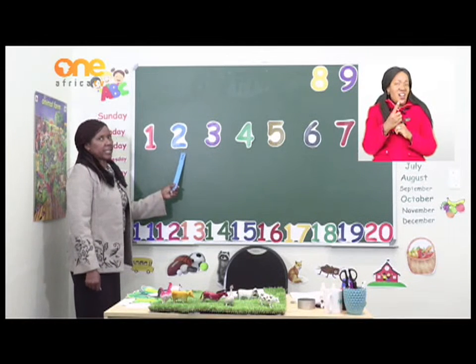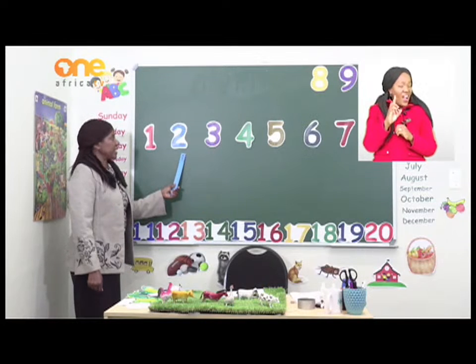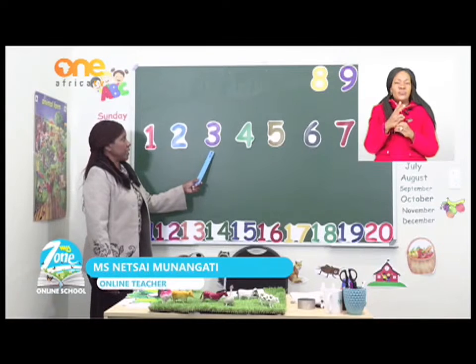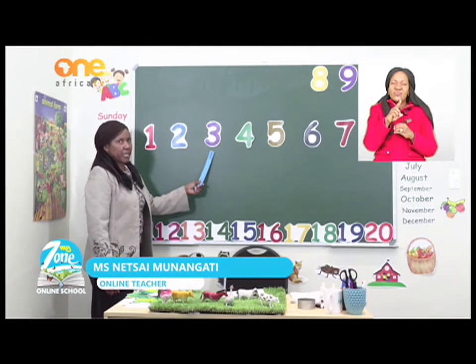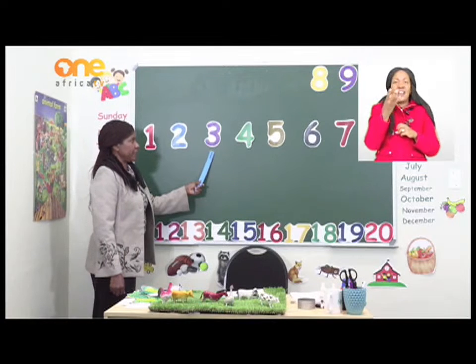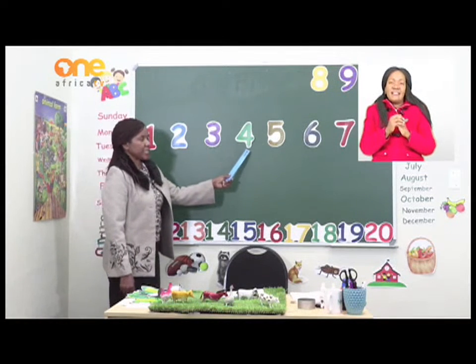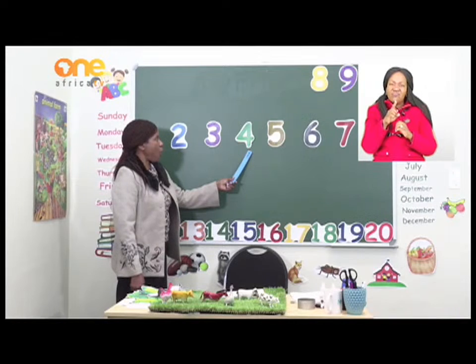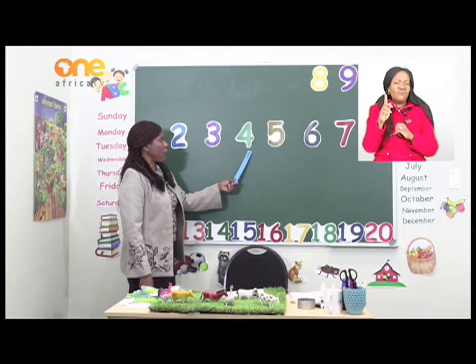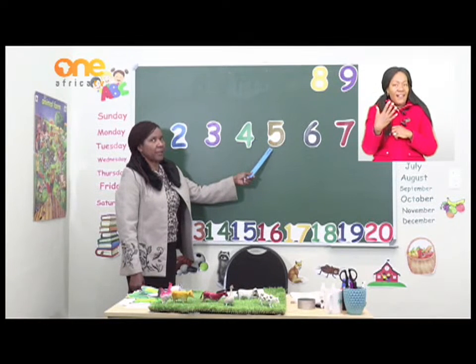Is this 7? No, that is number 2. Let's look at the next one. The next number is 3. We are looking for number 7. Let's look. The next number says 4. And the next number after 4 is 5.